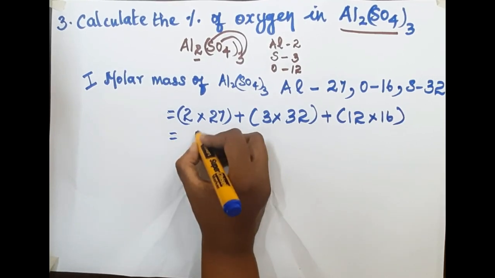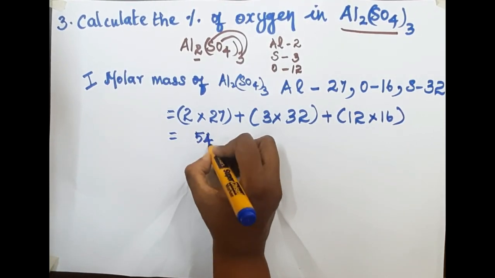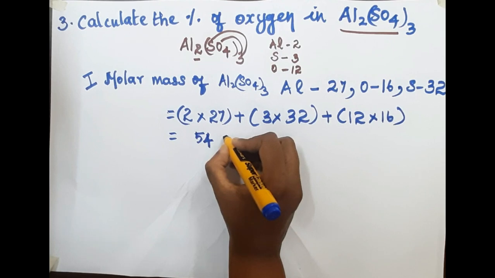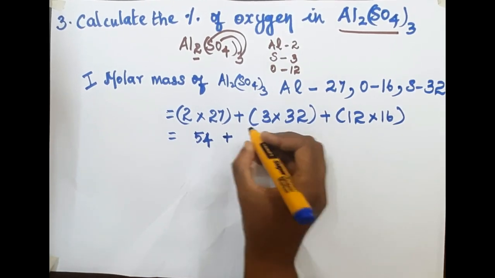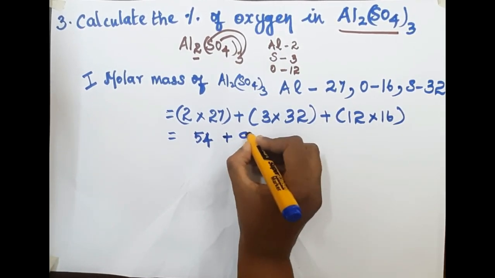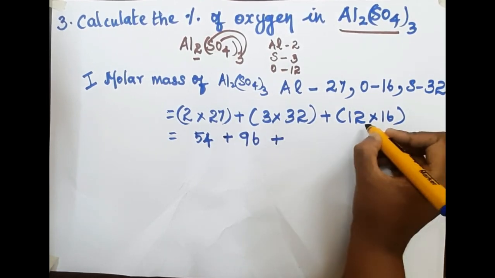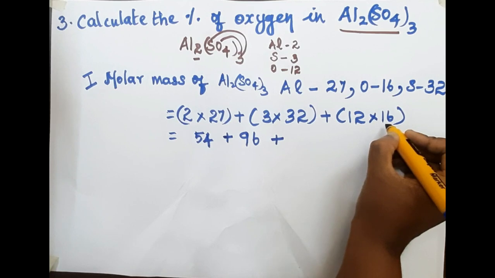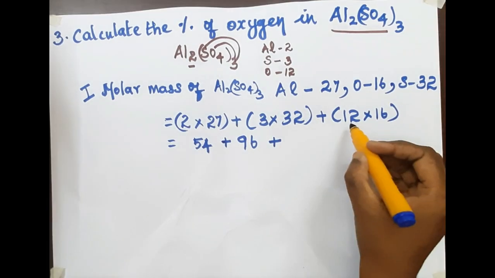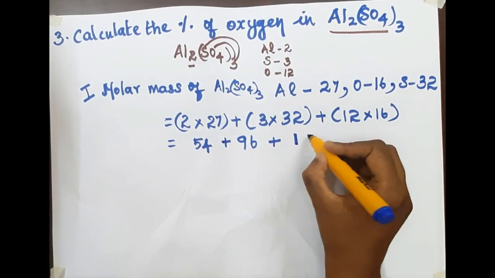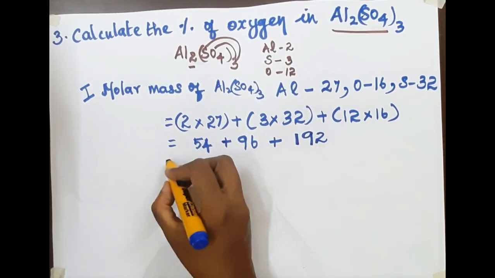Now it becomes 54 plus 96 plus 12 into 16. 12 into 16, that is equal to 192.